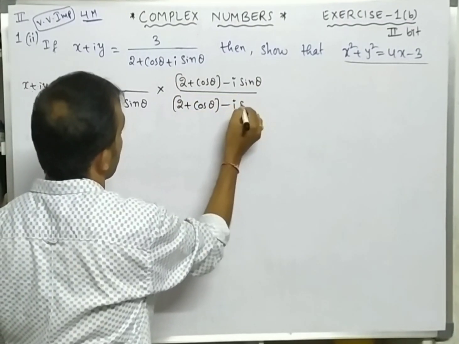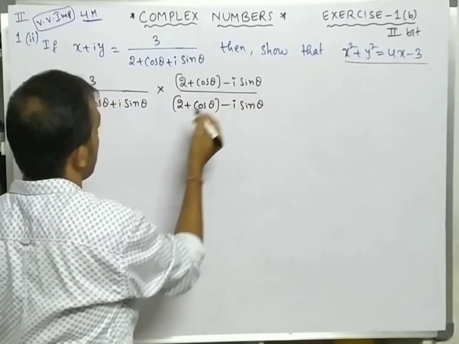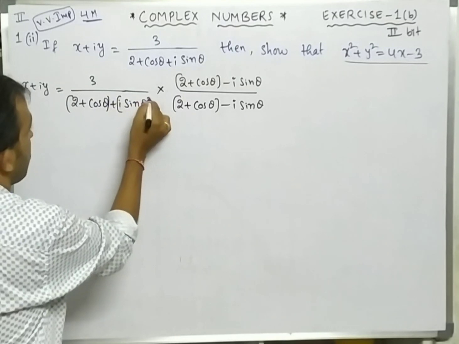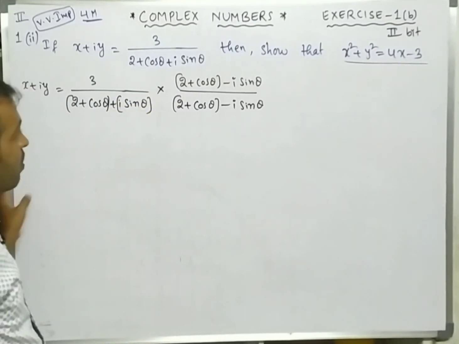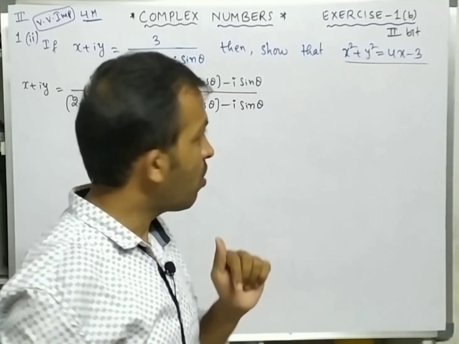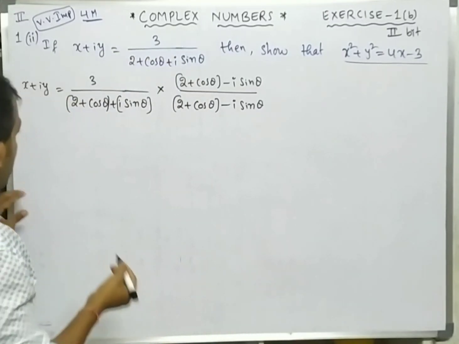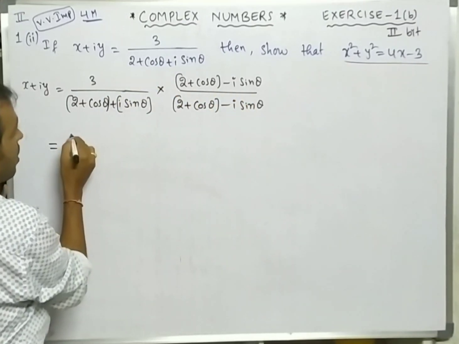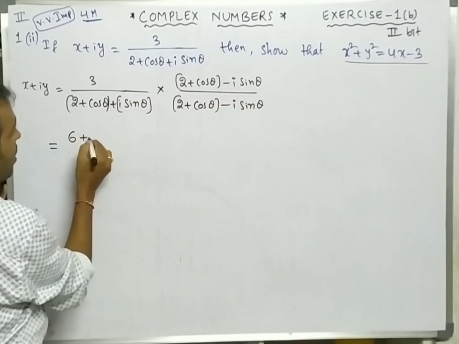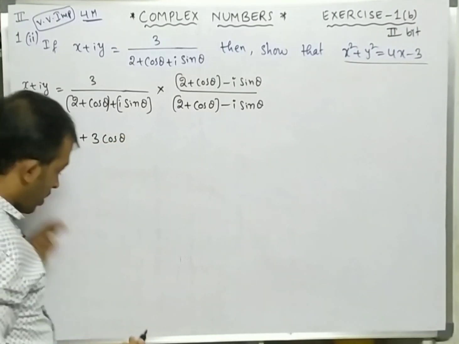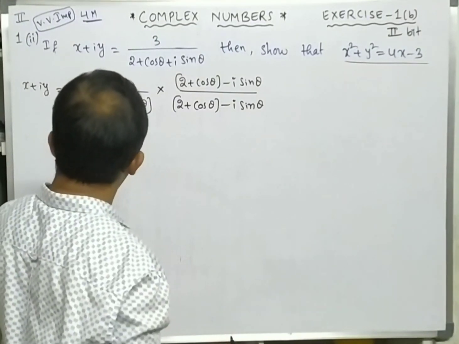This first step is an important step. So (2 plus cos theta plus i sin theta) into (2 plus cos theta minus i sin theta). Now careful multiplication. Multiply 3 with the numerator: 3 2s are 6 plus 3 cos theta, or write it as 3 into (2 plus cos theta).